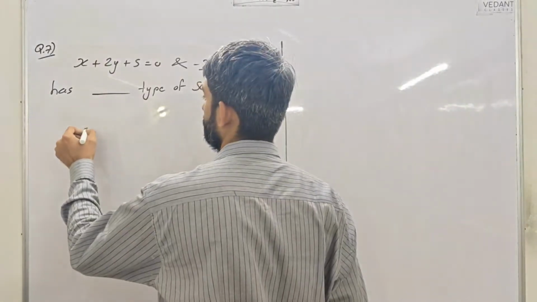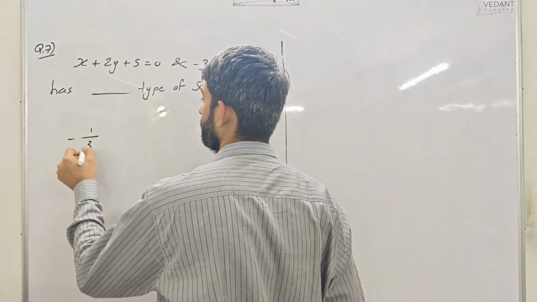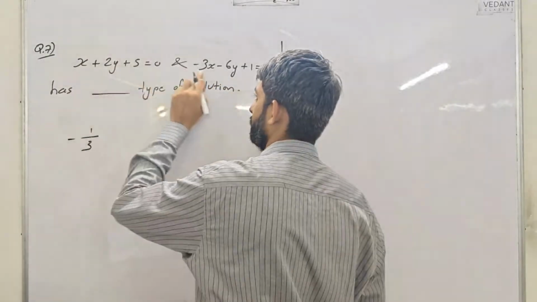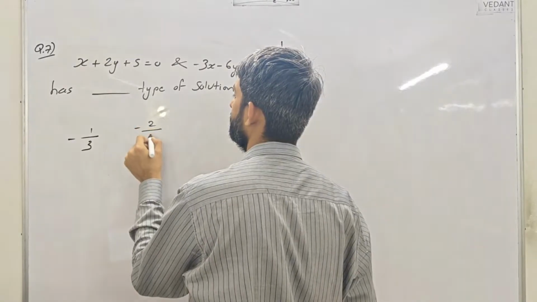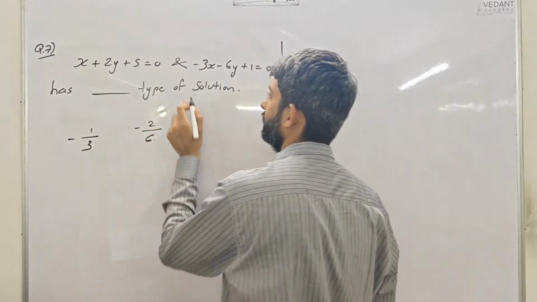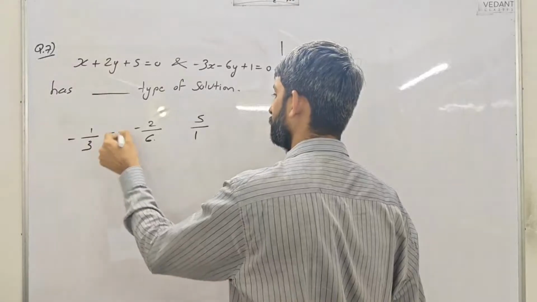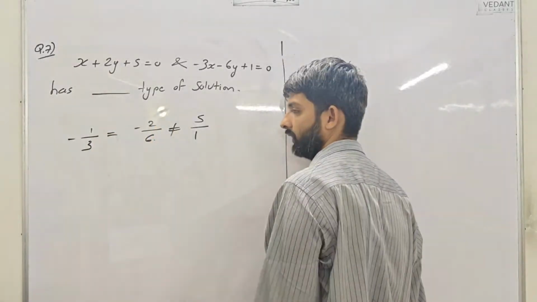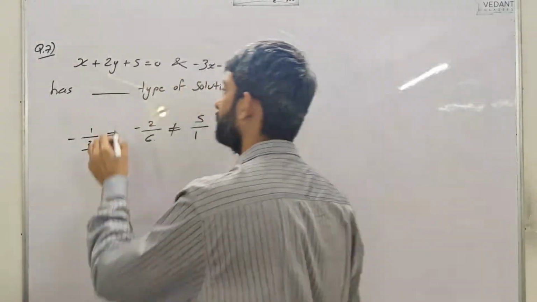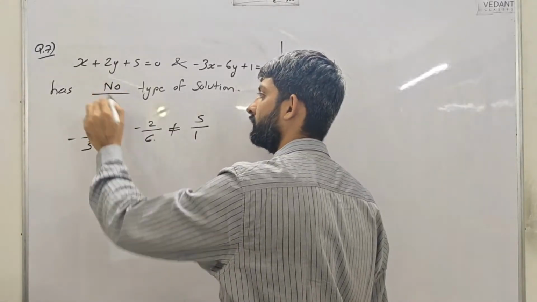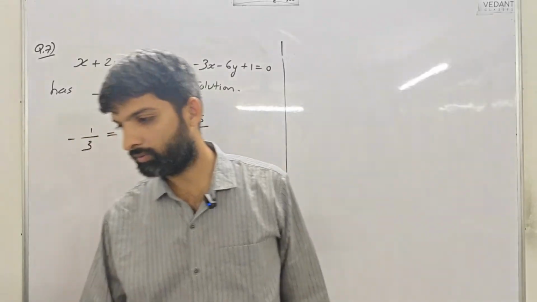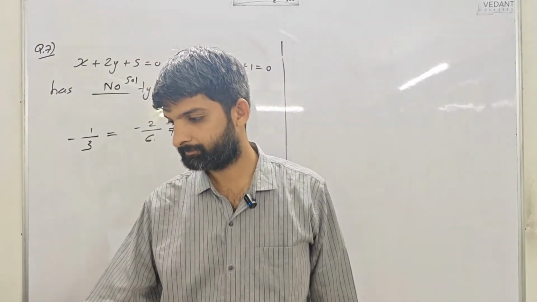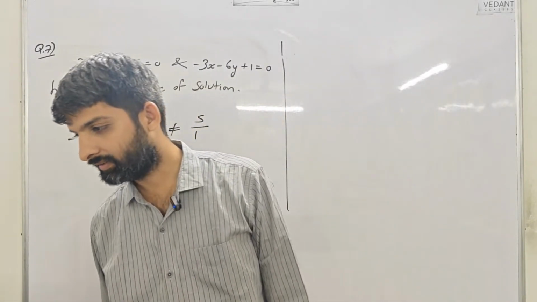So to find the solution, you need to check the ratio of the coefficient of x, that is minus 2 by 6, and third is 5 by 1. So these two are equal, but this is not equal. Okay. So the correct answer is no solution. Very good. Perfect. Okay, let's see the next.